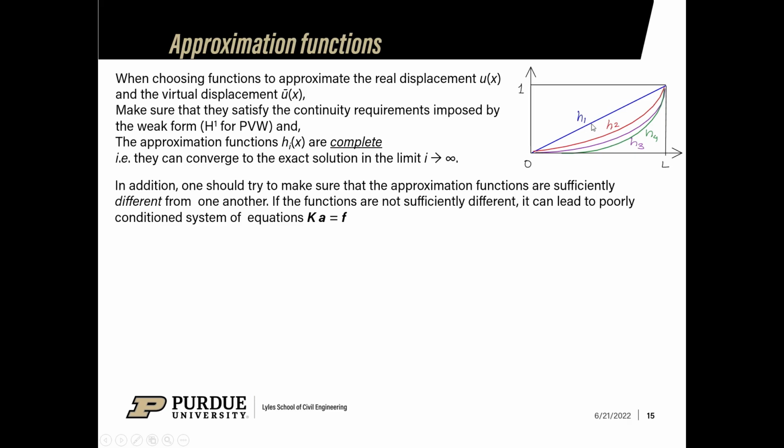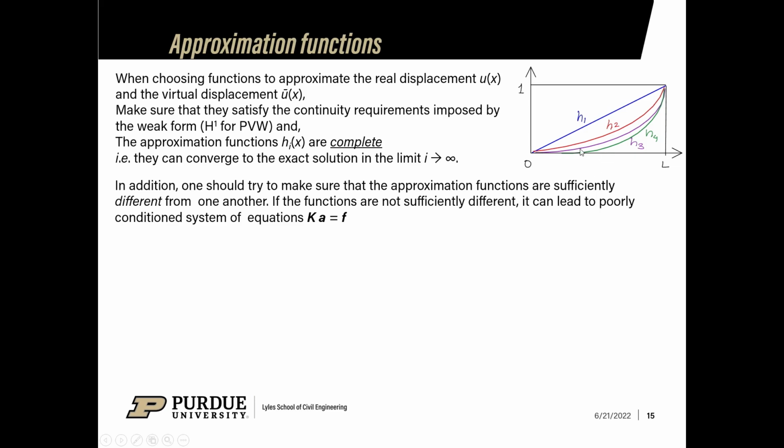If in your approximation you are missing, let's say, h2, the quadratic function, then no matter how many additional terms you take for the polynomial, the solution will not keep getting better and better as you increase the number of polynomials, as we saw in the example presented in the previous video. So having the completeness of functions helps in convergence to the exact solution as the number of approximation functions is increased.